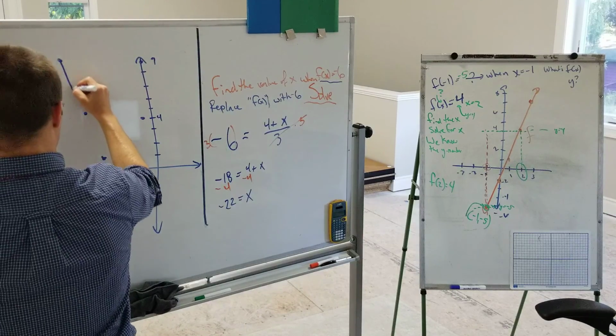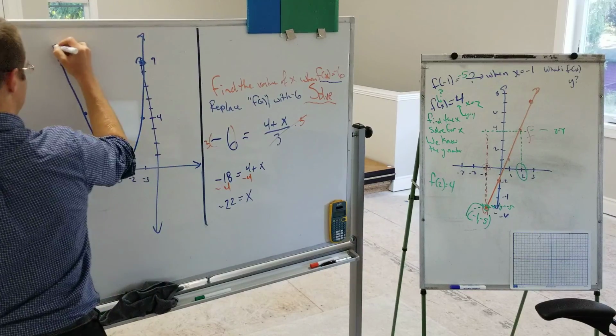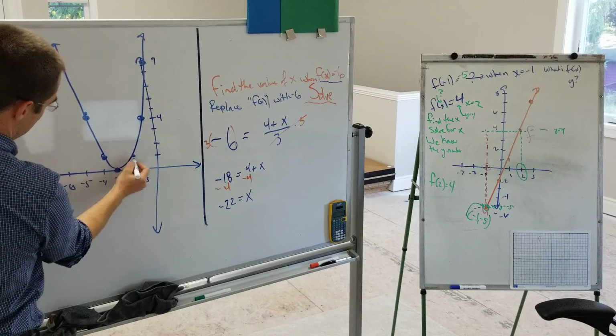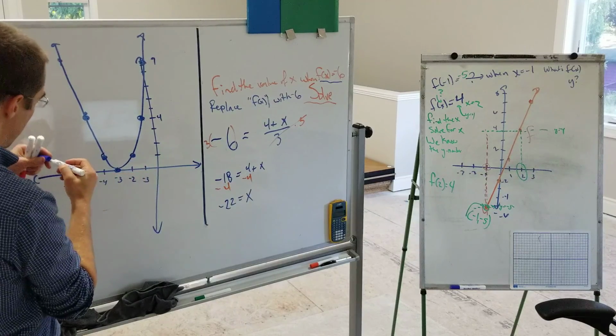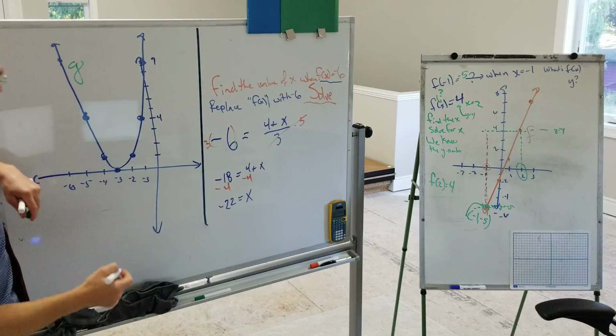And we get a graph that looks like this. Woohoo! All right, cool. With these points on it. So this is our g function. This is the graph of g of x.